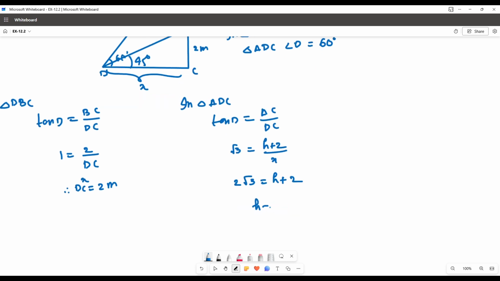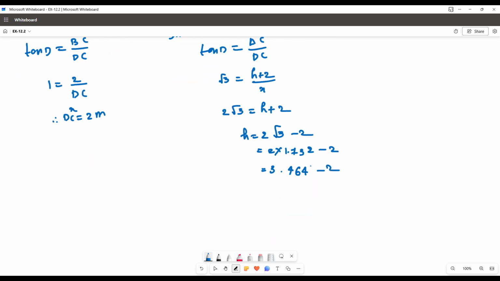Next, h is equal to 2 root 3 minus 2. Now 2 times root 3, that is 2 into 1.732 minus 2. Now 2 times 1.732 will be 3.464, minus 2, equal to 1.464 meters.